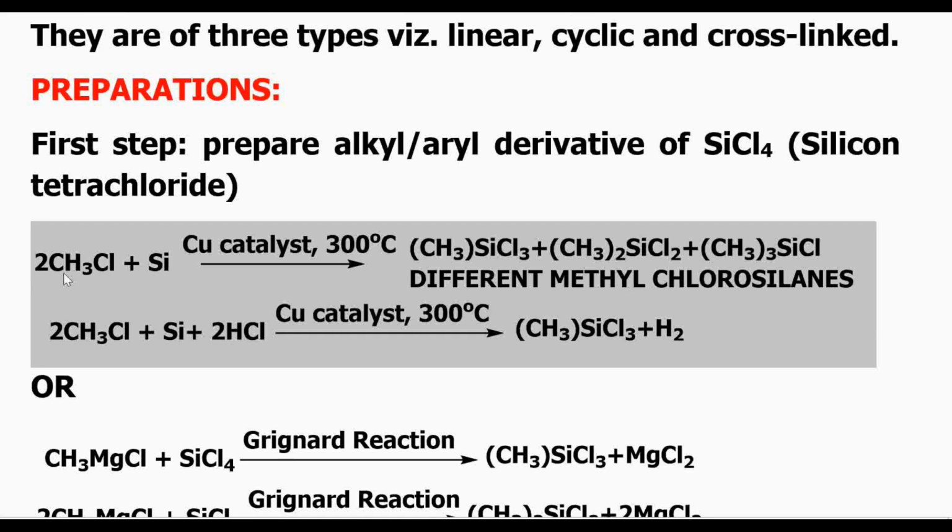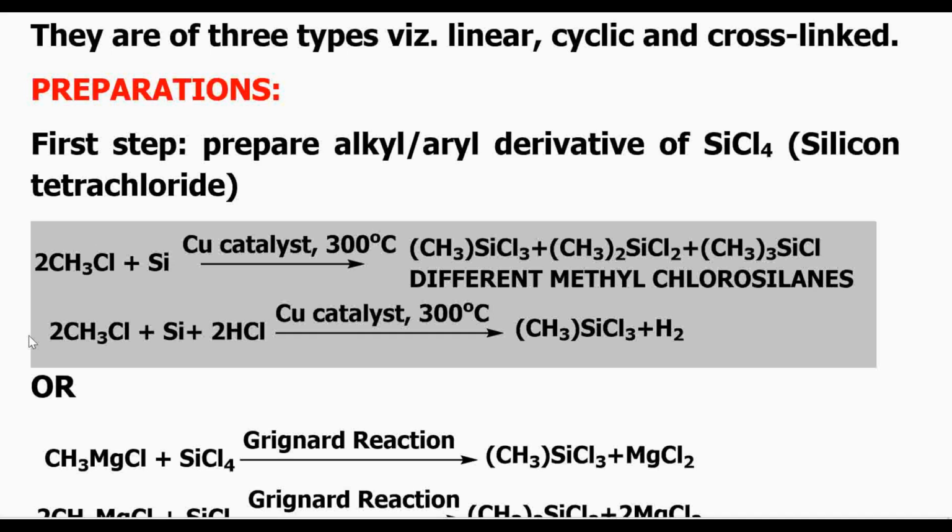The first one is, you take 2 moles of alkyl chloride, say methyl chloride, and silicon. You need a copper catalyst and a high temperature of 300 degrees Celsius. In this case, you will get a mixture of products like methyl silicon chloride, dimethyl silicon chloride, and trimethyl silicon chloride.